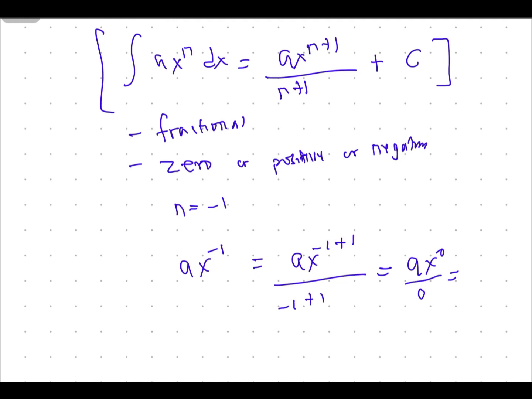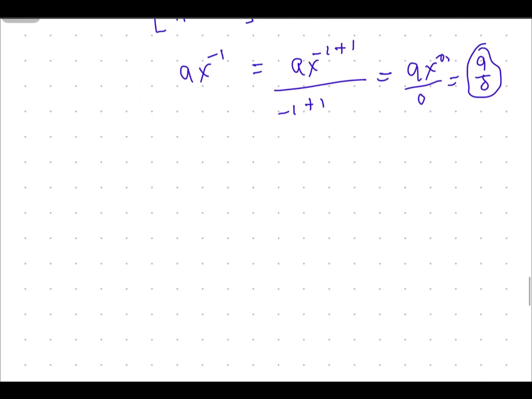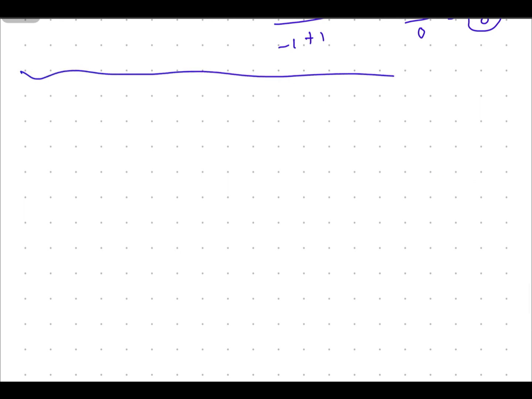And here, even if this gives us 1, we are going to get a over 0, which is what? Indeterminate. And this is not what we are looking for. So take note of this exception, except n is equal to -1. So this rule is true when n is fractional, 0, or a positive or negative integer, with the exception of n equal to -1. So let's take a look at some examples.